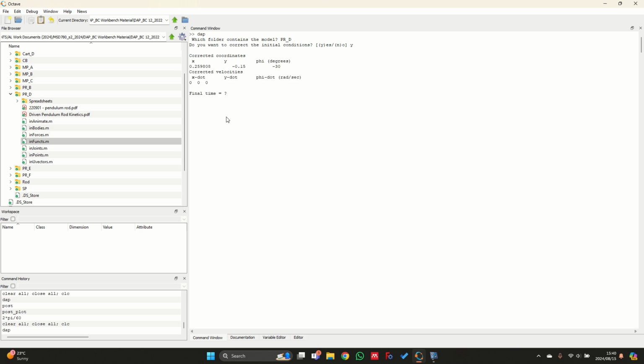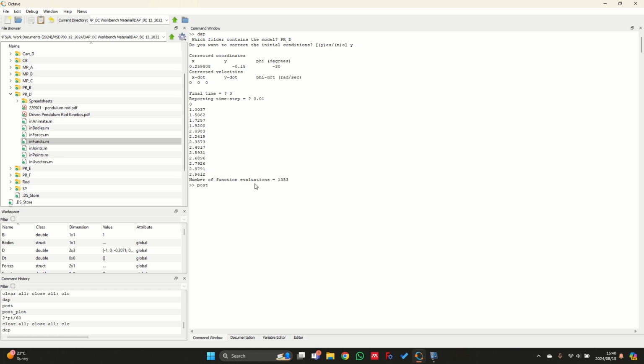I correct the initial conditions again, and then the final time I can make a bit smaller this time. Let's make it 3 seconds, and I'm going to use 0.01 seconds as my reporting time step. If I run this one, it terminates after 1350 function evaluations, so it took a bit longer.